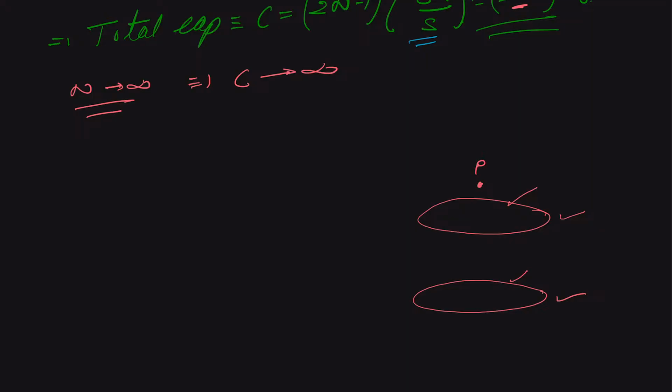We solved it independently for this one and this one to find the electric field at this point. Suppose this was the point we took as P, and then we used superposition to find the net field at point P. That is much more convenient than taking this as a parallel plate capacitor and trying to mug up how to solve it. So a much better approach is to take this disk as independent, this disk as independent, and then use superposition to find the net electric field at point P, because point P is lying on the axis of the disk, and we already know the standard formula.